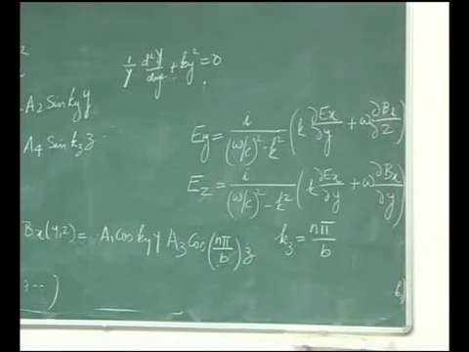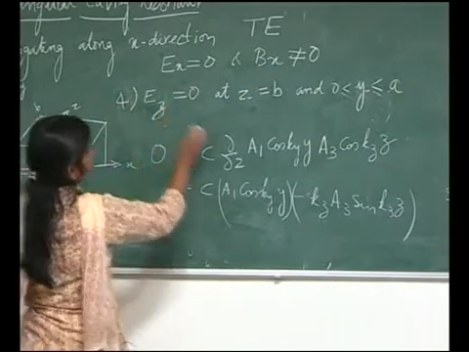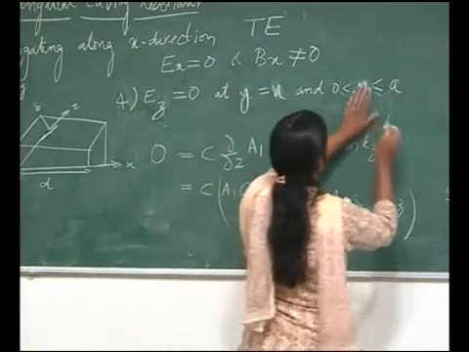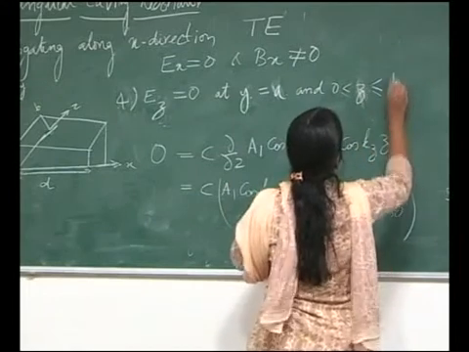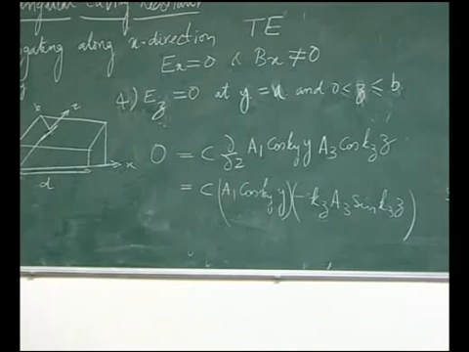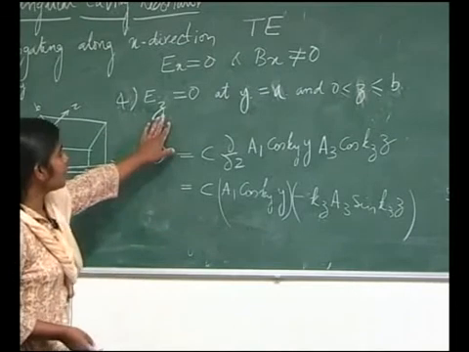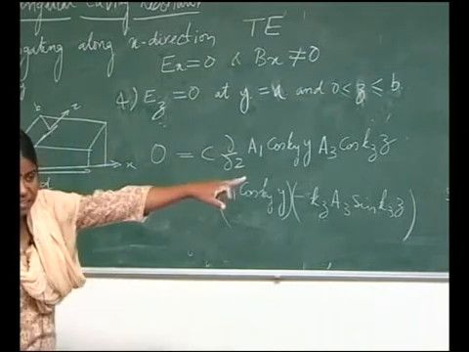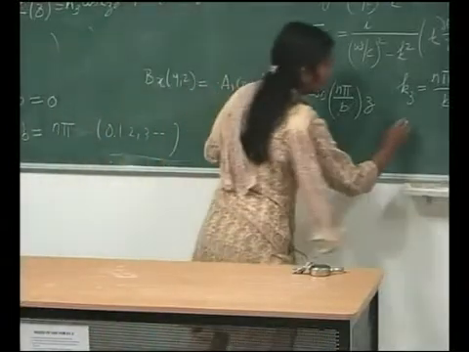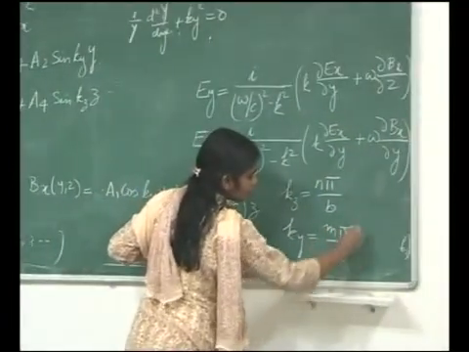Okay. Now similarly, from the fourth boundary condition, I can calculate that ky is m pi by a. Similar arguments I can calculate for the fourth boundary condition. I take Ez and I apply the same argument, and I can calculate that ky is equal to m pi by a.